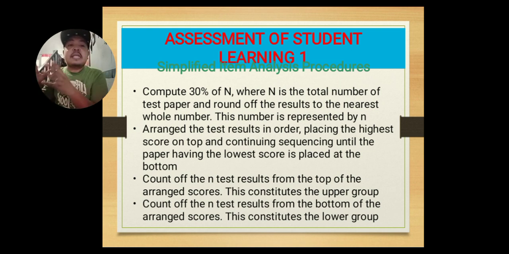So yung pinakamataas, that will be your upper group, and yung pinakamababa, that is your lower group. Again, that depends doon sa nakuha na value ng small letter n. Okay? So top 15, if your big N is 50, getting the 30% of N is 15. So therefore, 15 in the upper group and 15 in the lower group.